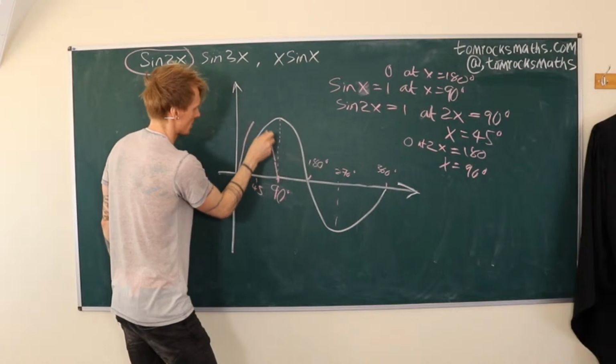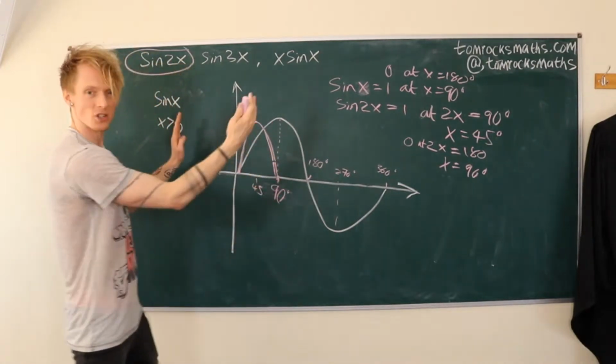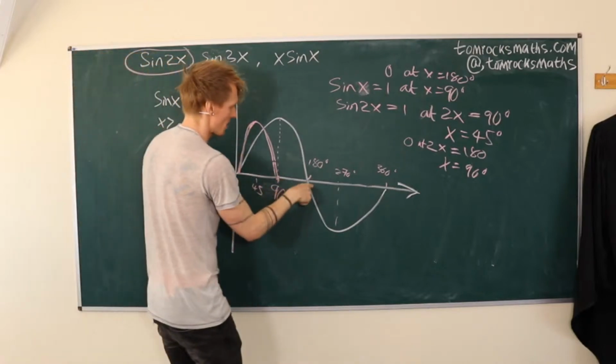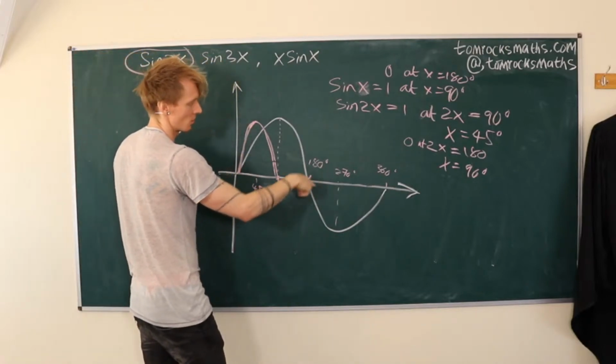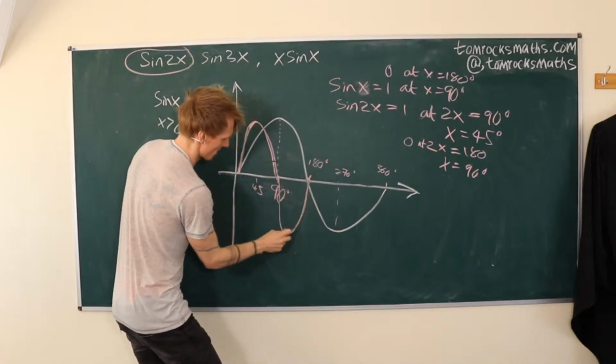So you're squashing your wave a little bit. And then you get the same thing down here. By 180, you've got to be back at 0. So this comes down and goes like that.